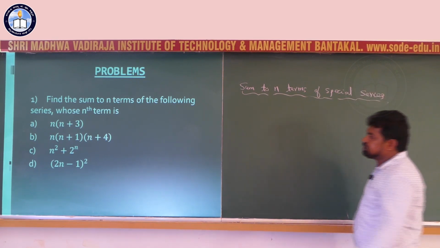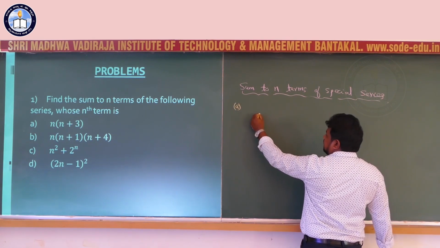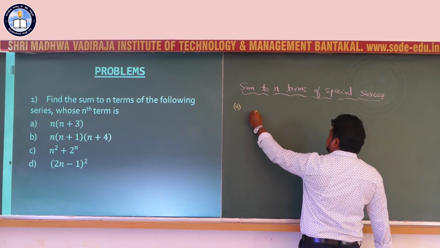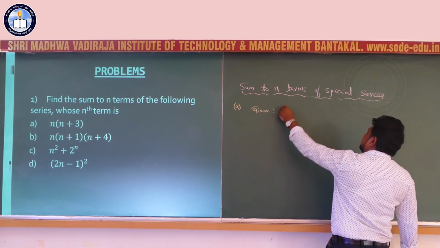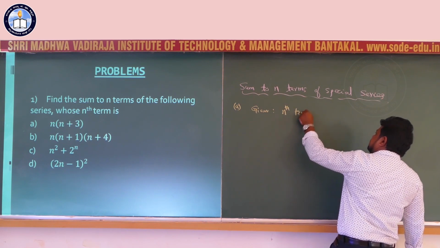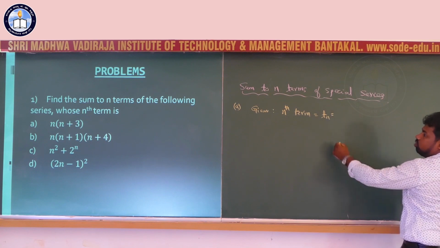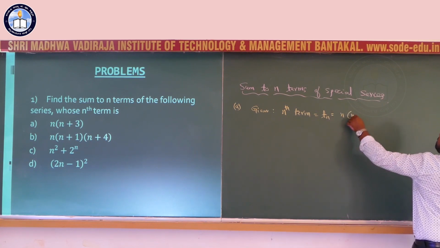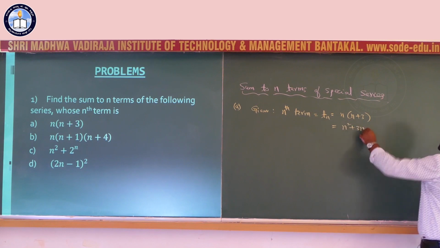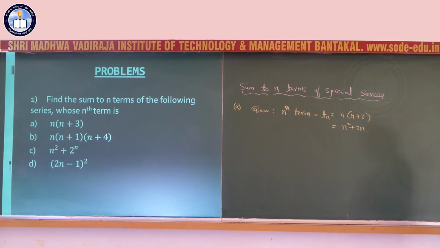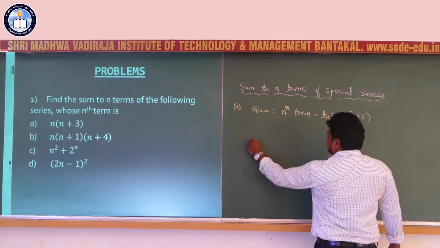Here first problem, A, nth term Tn is given, Tn equal to n into n plus 3. We can write it as n square plus 3n. We want sum to n terms Sn.